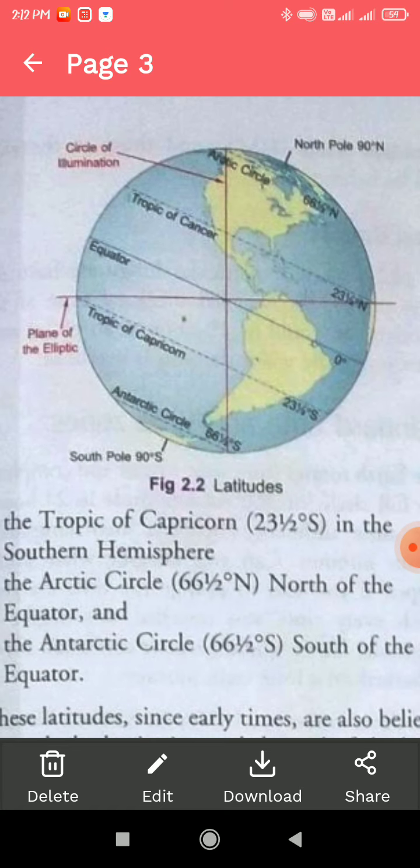As you can see in the figure, the area is between the Tropic of Cancer and the Tropic of Capricorn. The sun rays fall vertically in this area, so it receives maximum heat. That's why this is the hottest part of the earth.